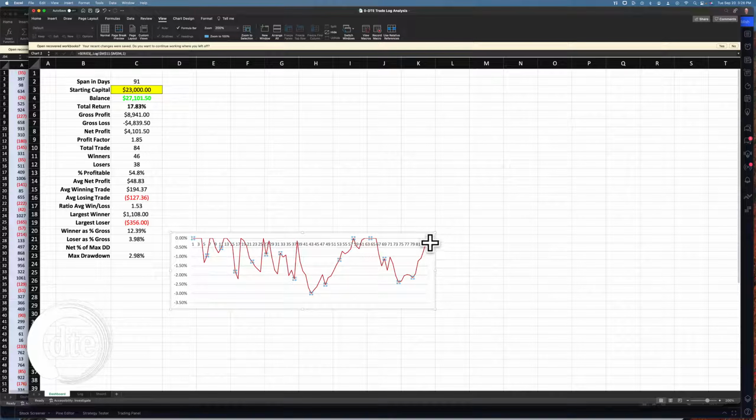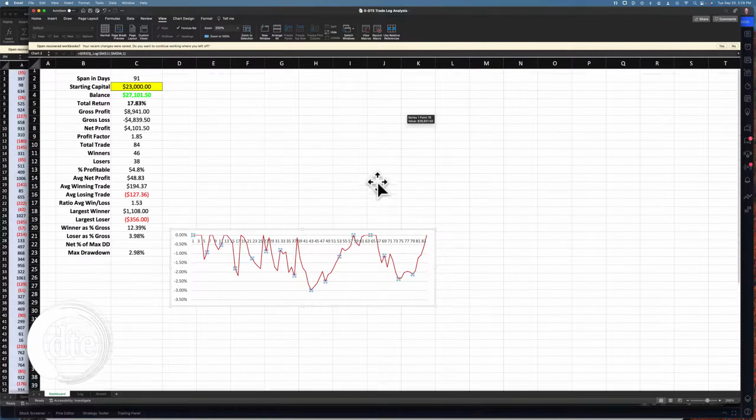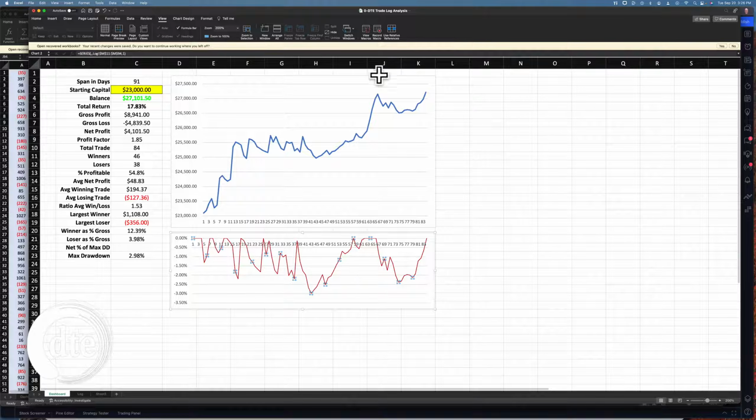All right, so I'm back up to 0 drawdown. We're almost right at the all-time high. I guess we're pretty much even with it now. And a total return after 3 months of 17.8%.